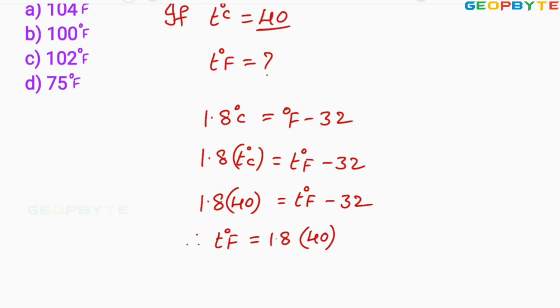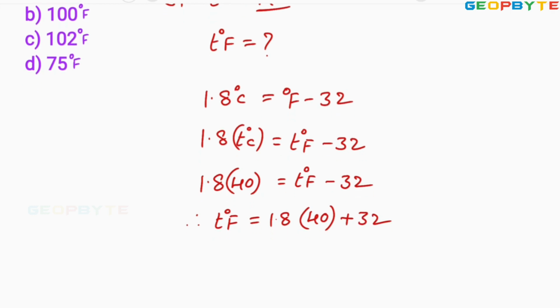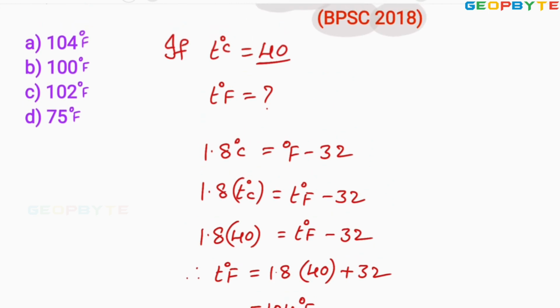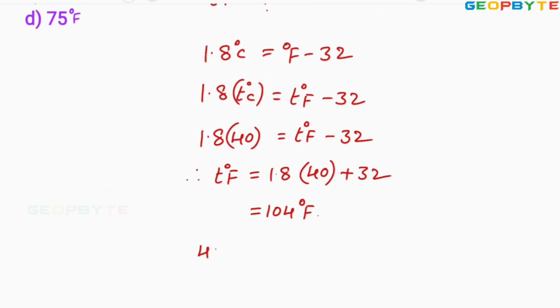Should be very careful. Minus. So, plus 32. You simplify this value for getting around 104 degree Fahrenheit. It means 40 degree centigrade is equal to 104 degree Fahrenheit.